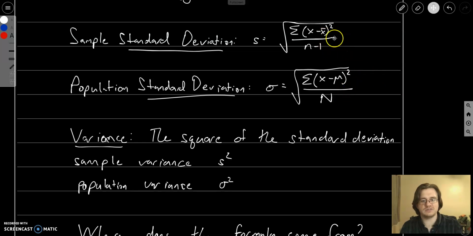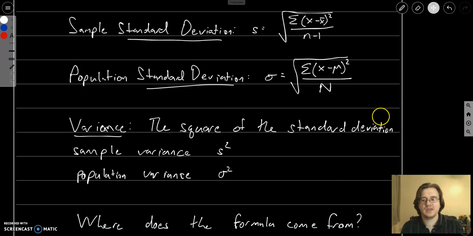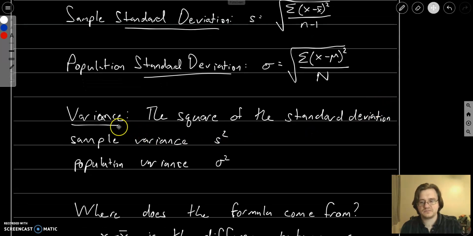So there are some differences, and it's worth remembering that these formulas are different. The variance of a data set is just going to be the square of the standard deviation. So the variance of a sample is just the sample standard deviation squared, and the variance of a population is just the population standard deviation squared.